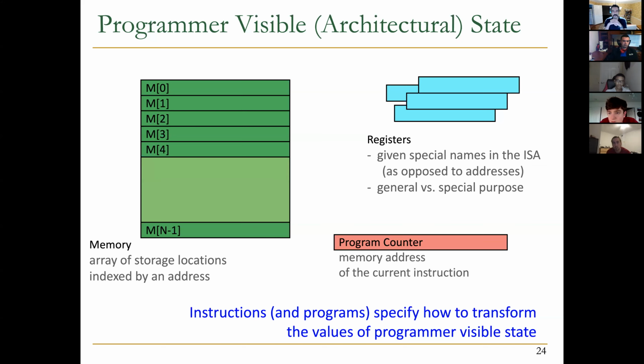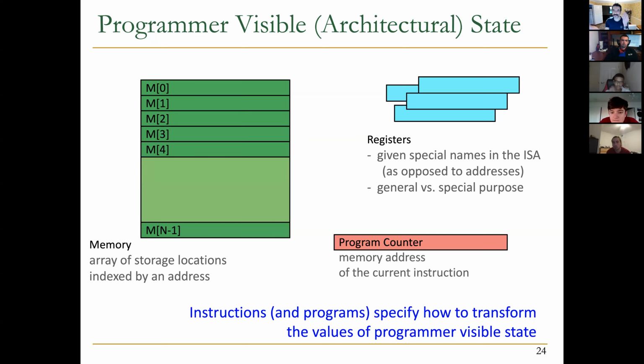And essentially your program changes the state. The way you can look at it, your computer goes from one state to another state by changing the value in any of these locations, right?